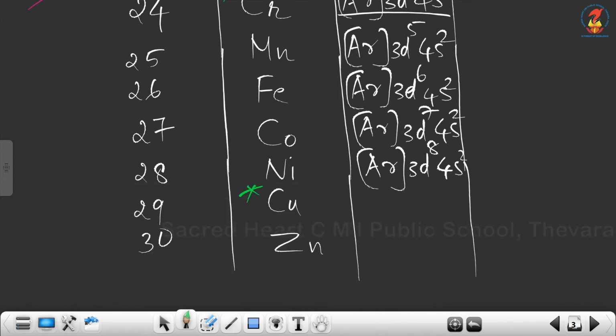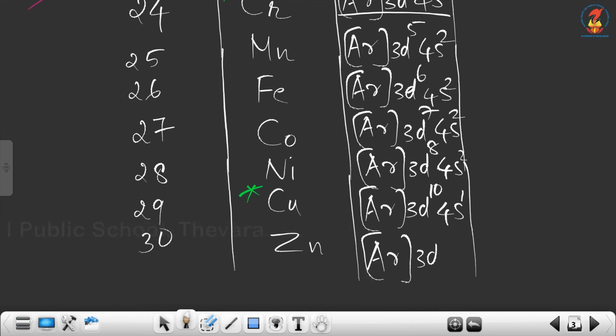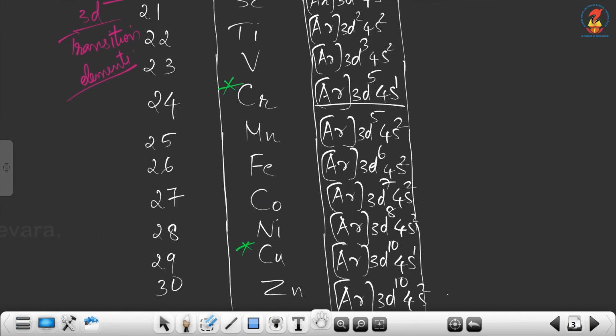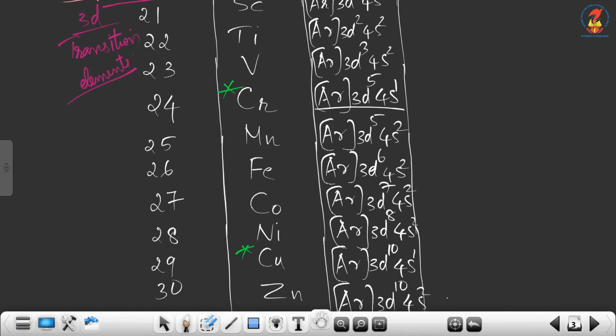Now next we have an exceptional configuration for copper. Copper takes the configuration argon 3d10 4s1, and zinc takes argon 3d10 4s2. So in this case you can see two exceptional configurations, that is chromium and copper.